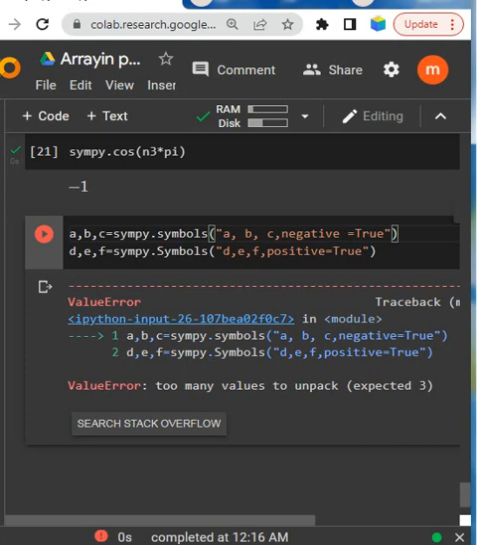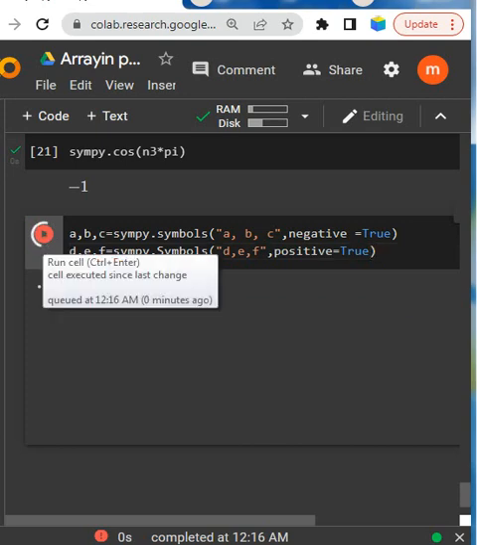Right, there is the true. I think I have made a mistake here. Your colon must be right there, and similarly here.